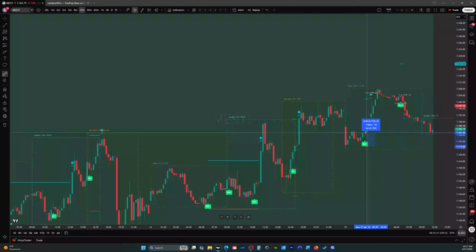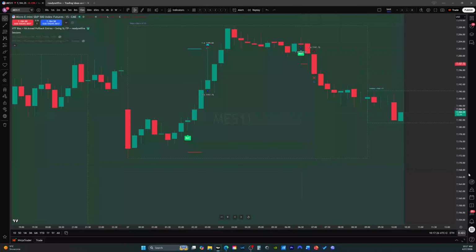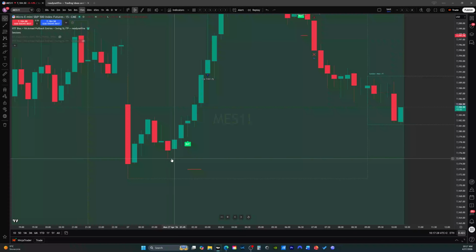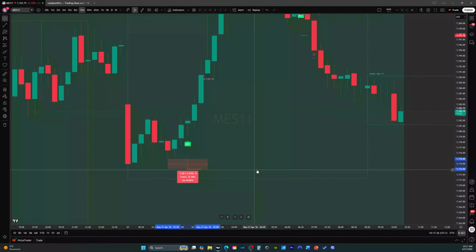So the entry is on this candle over here, and I set the stop loss 8 ticks beyond the latest red candle or swing low over here. If I zoom in a little more, that's 8 ticks. That's where the stop loss will be.